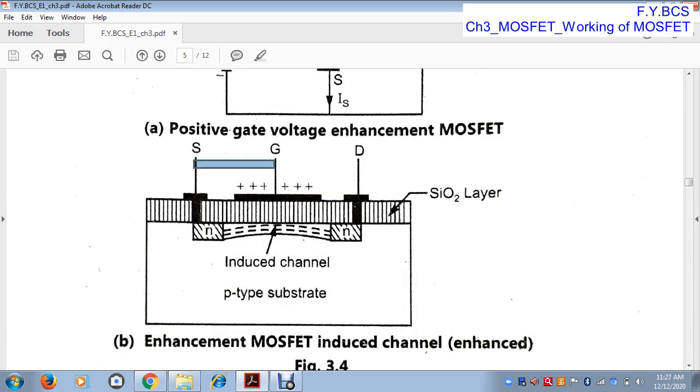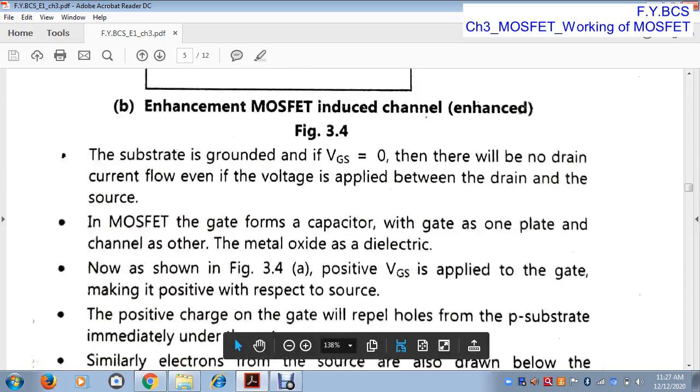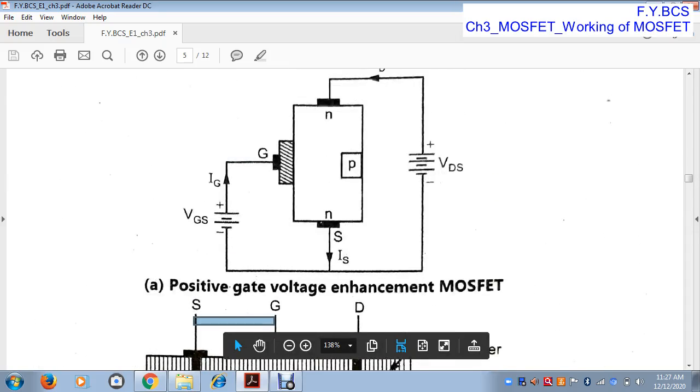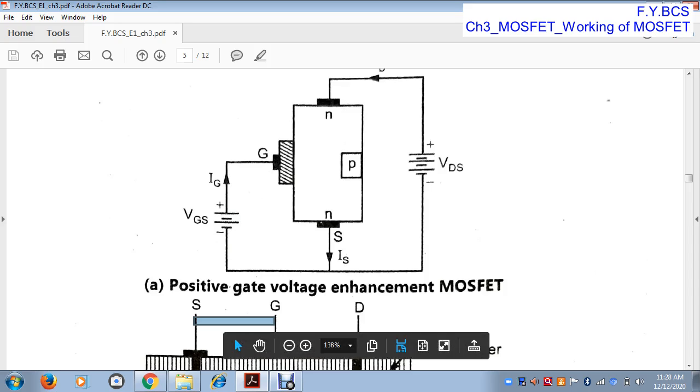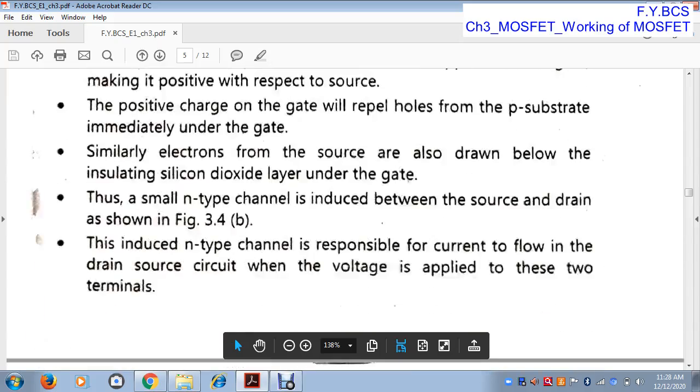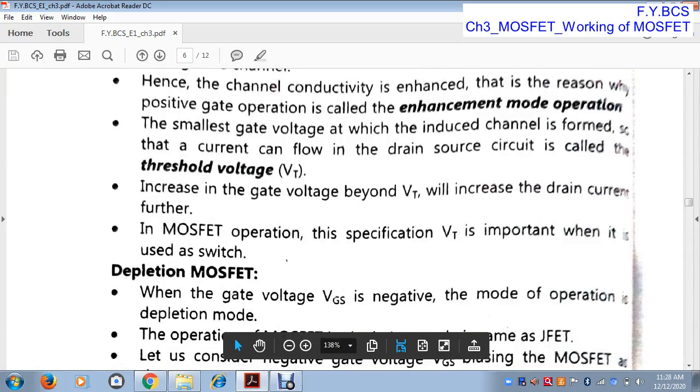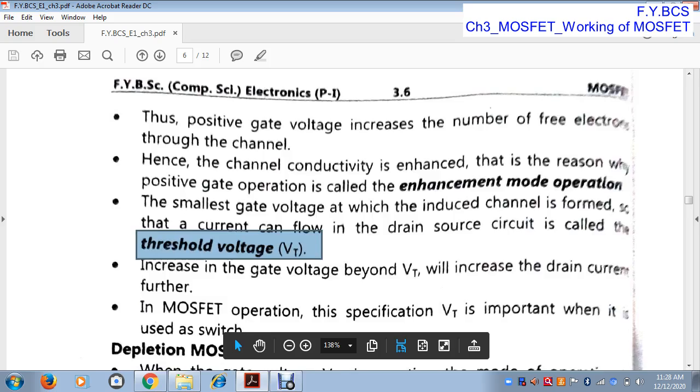The channel is formed when the gate to source voltage is positive. If we increase the positive voltage, at a particular positive voltage the channel is formed between source and drain. That voltage is called the threshold voltage.